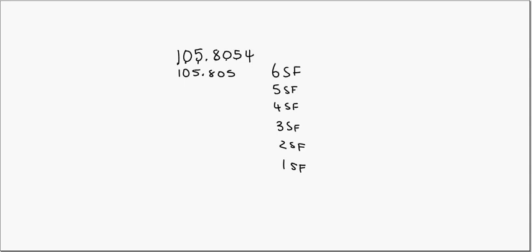But then we have to determine if to leave it as 5 or if to carry it up. So we look at the number next to it, which is 4. But 4 is less than 5, so therefore this 5 remains. So the answer is 105.805, as shown here. Okay?